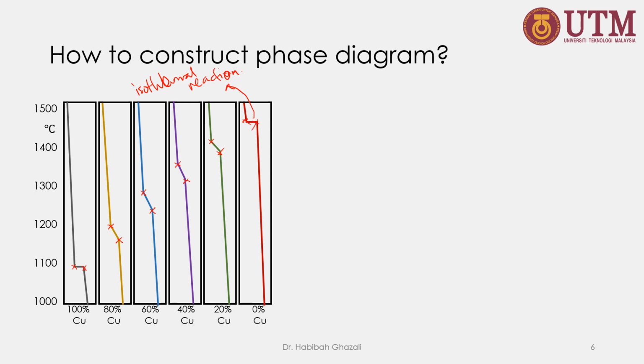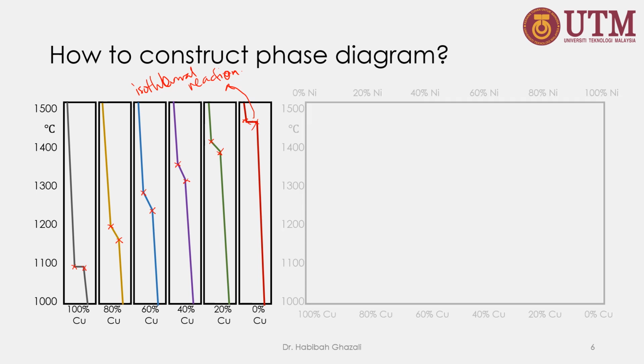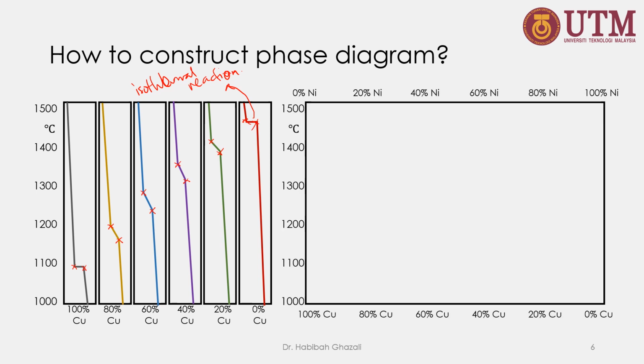And as I have mentioned earlier, phase diagram represents the relationship between temperature and composition. So now to construct the phase diagram, they will plot it: the y-axis is the temperature and the x-axis is the composition. So in the x-axis here, this line here represents pure copper.